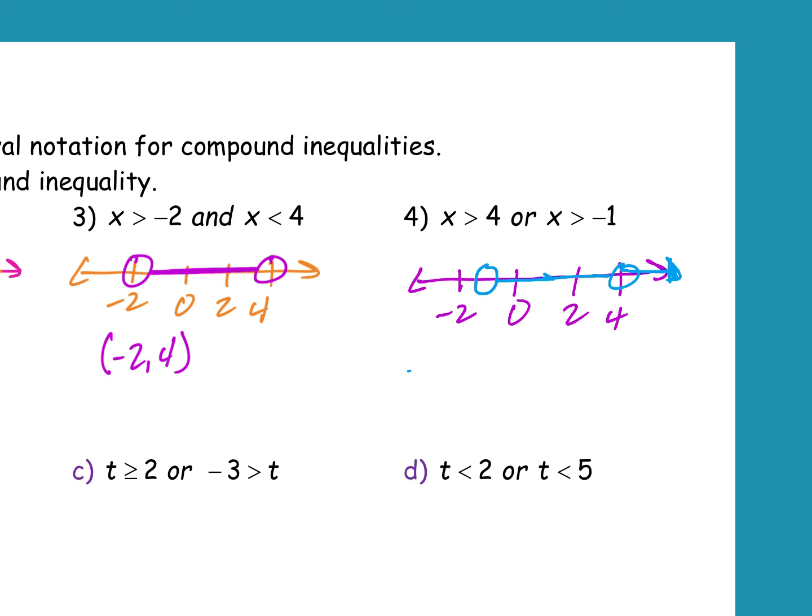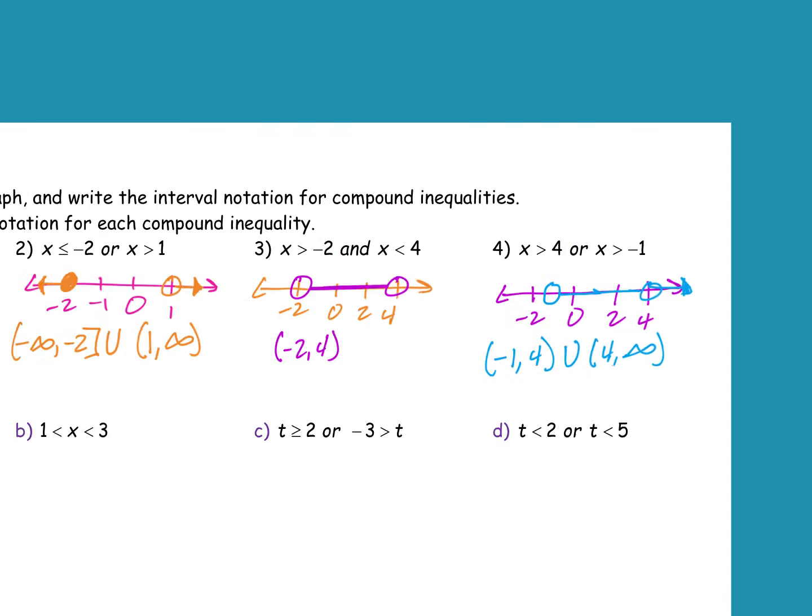So I'm going to go from -1 to 4 this time, not included, joined with 4 to infinity. That's it. So it's basically everything between -1 and infinity except for 4. That's what that says. Does that make sense? Okay. So now you guys do it. Go.